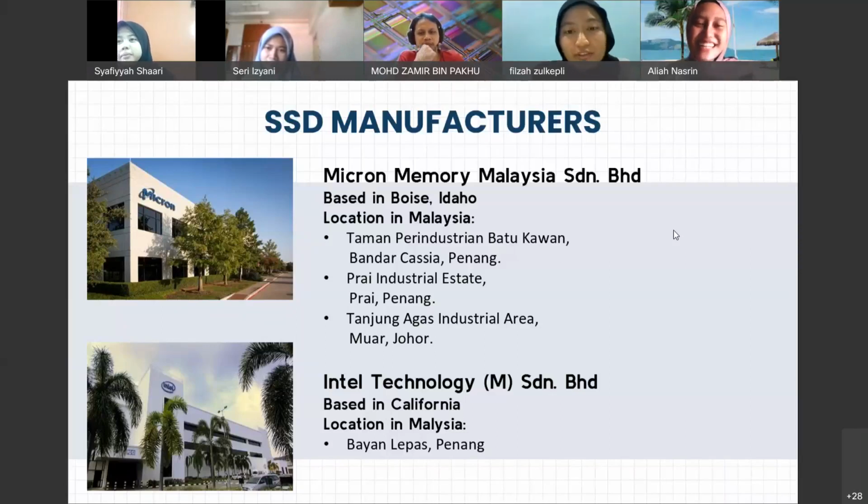The form factor is more about the shape, size, and dimension of the SSD. Then the type of SSD explains more about the interface that you use in the SSD.